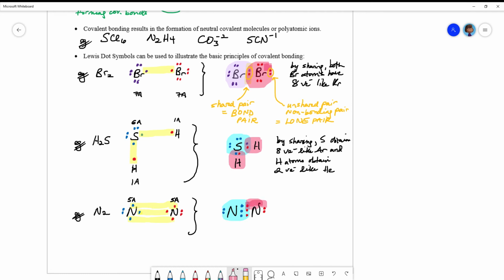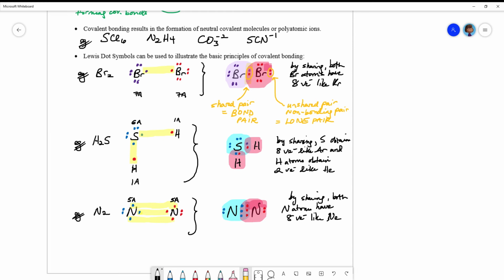The nitrogen on the right also now has 8 valence electrons. So let's note that by sharing, both nitrogen atoms have 8 valence electrons, like in this case their nearest noble gas neighbor, which is neon. Okay, that's not so bad.